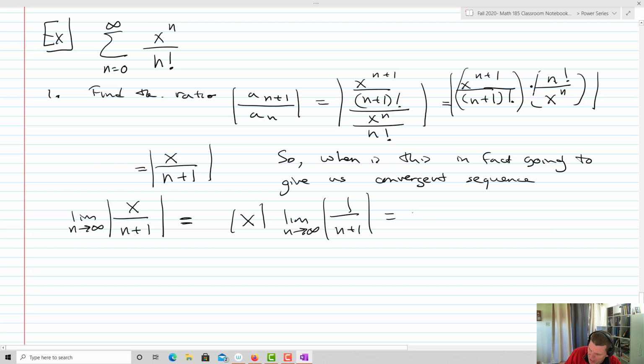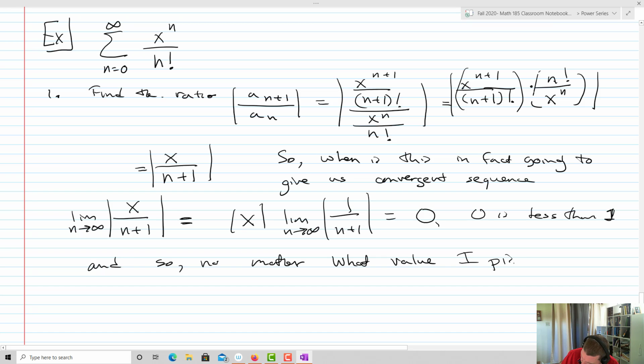And that's just going to end up equaling 0. Well, 0 is less than 1. And so, no matter what value I pick for x, I end up with a convergent series.